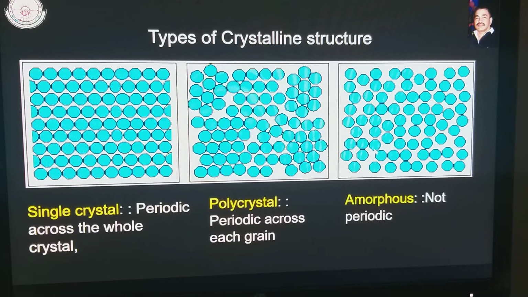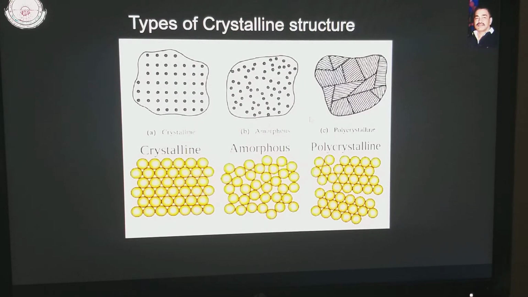In the last picture you see amorphous, that is not periodic. In case of glass, we can find this type of arrangement of atoms. So in case of amorphous materials, we do not find any specific periodic order. Okay. And to understand more clearly, let us see these pictures here.